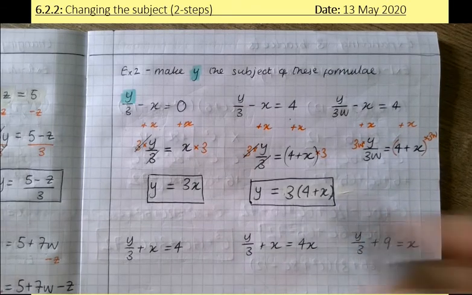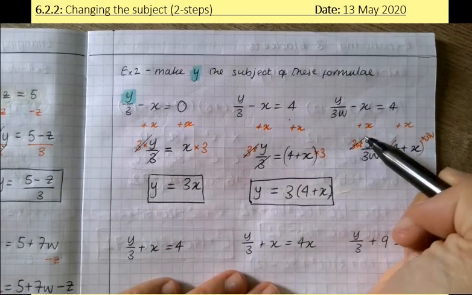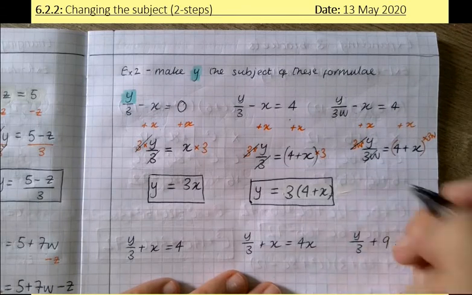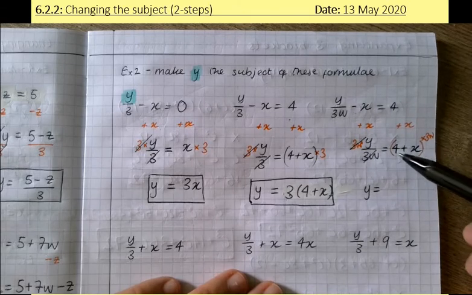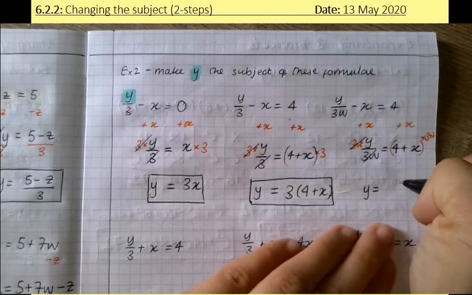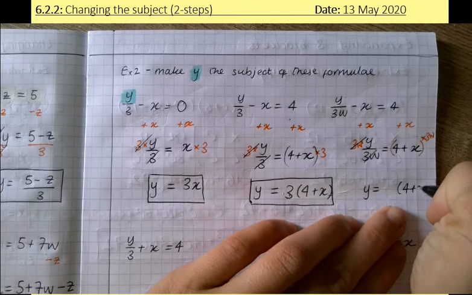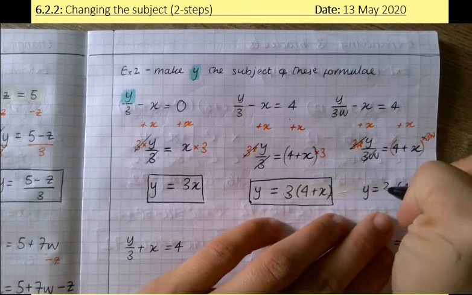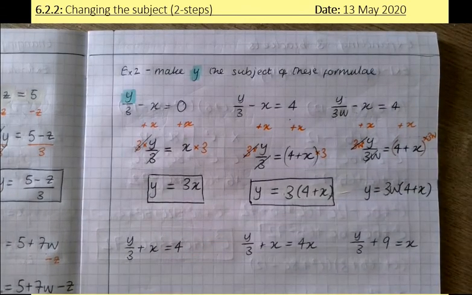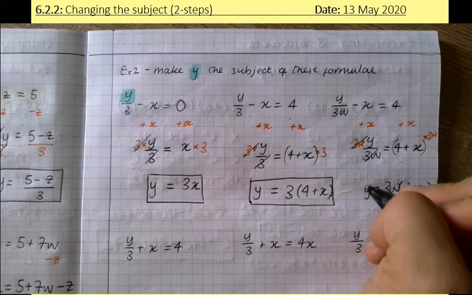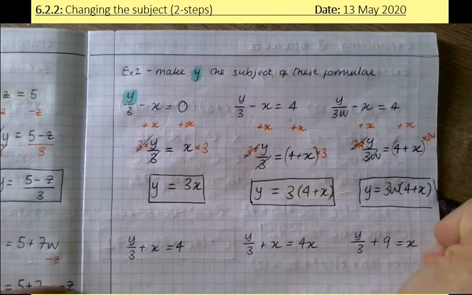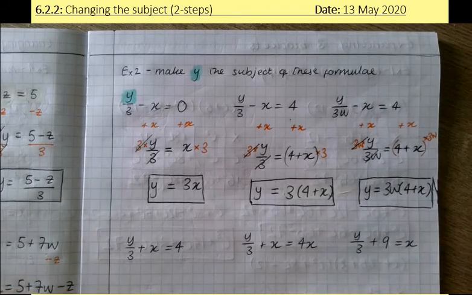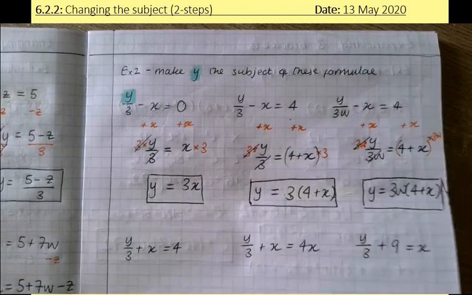So on my left-hand side, my multiply by 3w, divide by 3w cancel. But on the right-hand side, everything on that side, all of the 4 plus x, needs to be multiplied by 3w. So I need to use brackets to help me there. So that is my answer. y equals 3w multiplied by 4 plus x. There we go. And the next three.